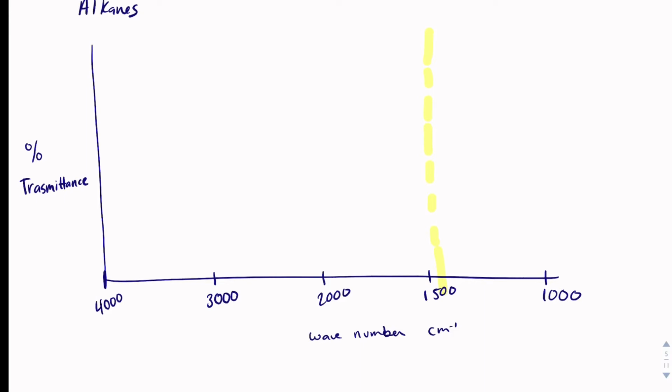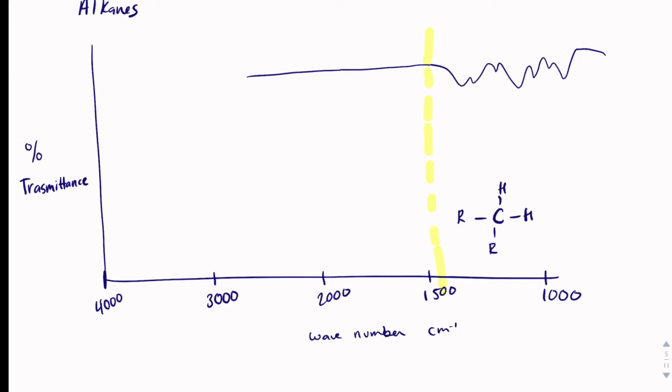So an alkane is going to be something generic, like maybe something like this. We could have R groups, keep going, but we're just focusing on alkanes. In the fingerprint region, we might get some peaks and they might look like that. Not important to try to distinguish those. Because alkanes are just single bonds, we're going to skip over the double bond section and then skip over the triple bond section.